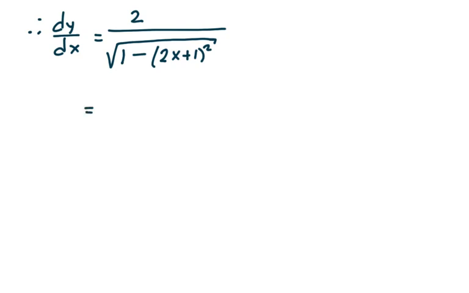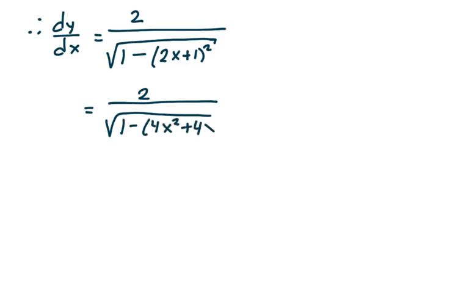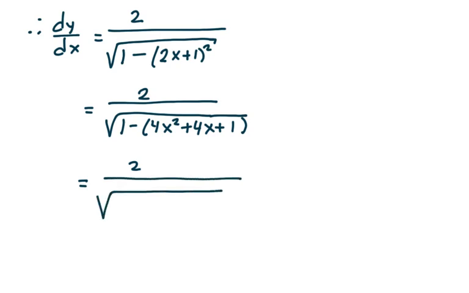And this is equal to 2 over the square root of 1 minus, in parentheses, 4x squared plus 4x plus 1. And if I distribute the negative in, I get 2 over the square root of 1 minus 4x squared minus 4x minus 1. But the 1's cancel. And at the same time, I'm going to factor out a 4.